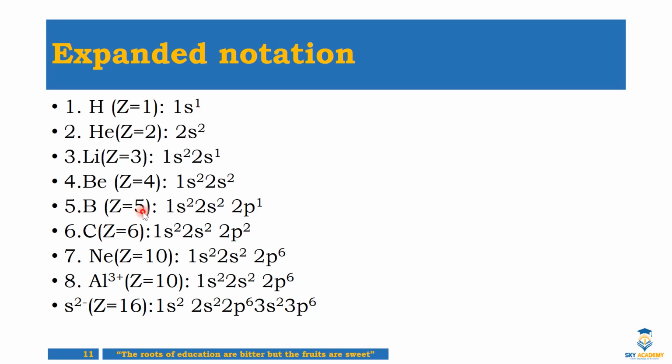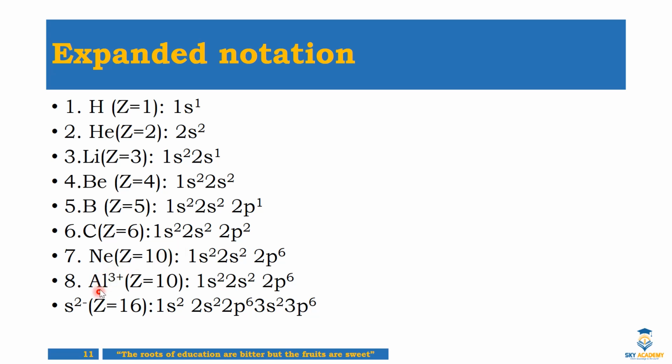I think you see here. Then carbon, atomic number of 6: 1s2, 2s2, 2p2. 2, 2, 2, it is 6. I think you follow the order. Neon, which has atomic number of 10, is 1s2, 2s2, 2p6. You can even continue.